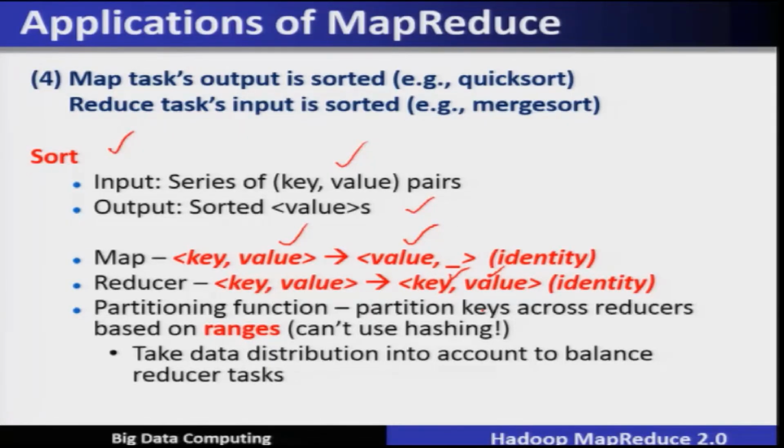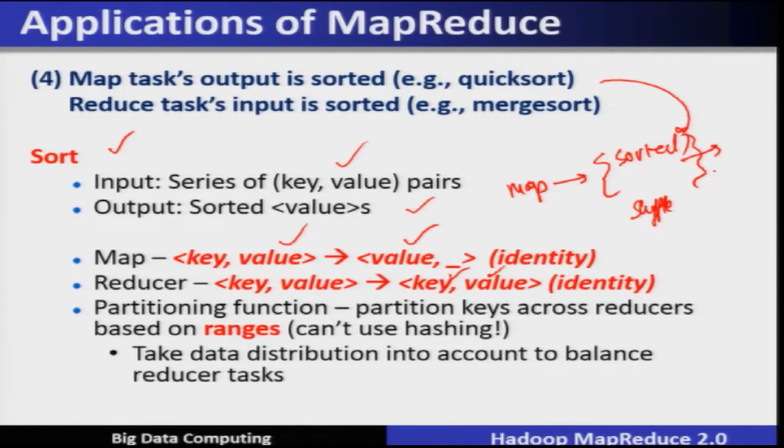In this process, when the map outputs these values, they are already in sorted form, as normally quick sort is done during the shuffle phase.